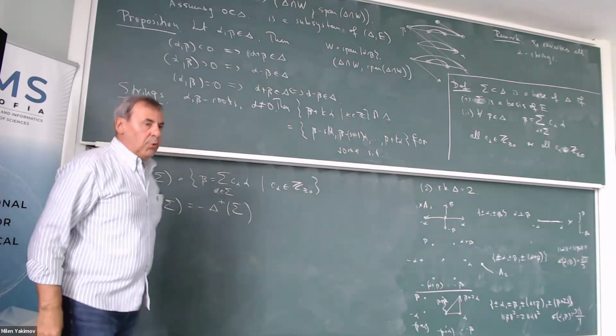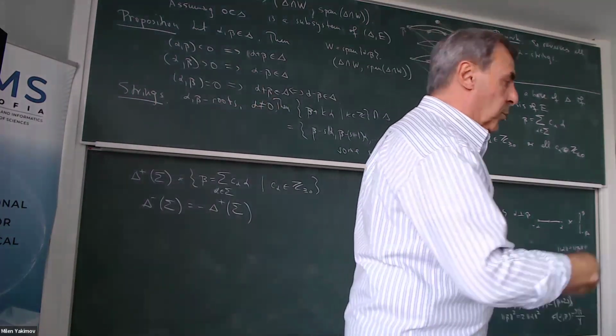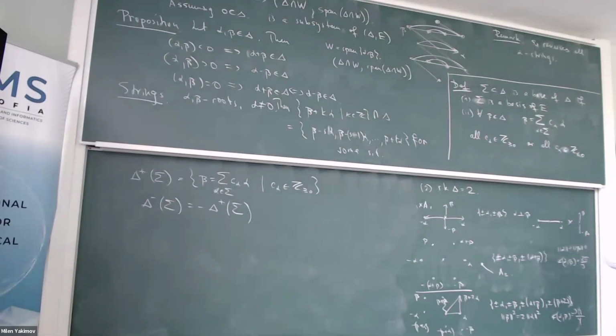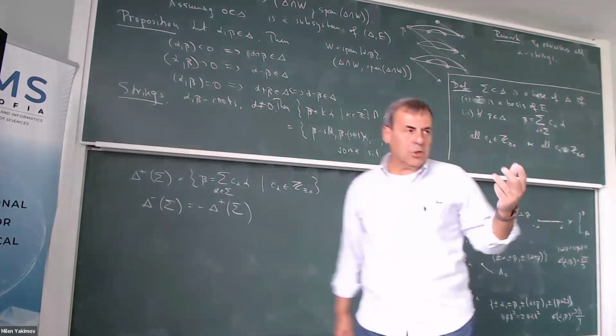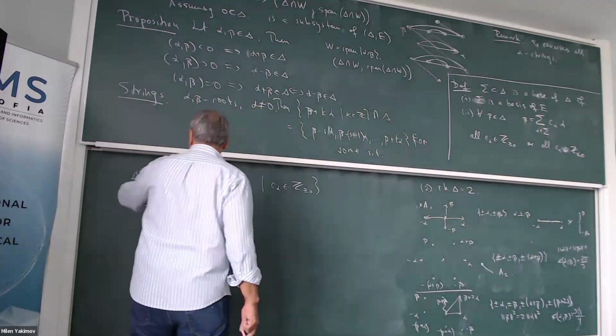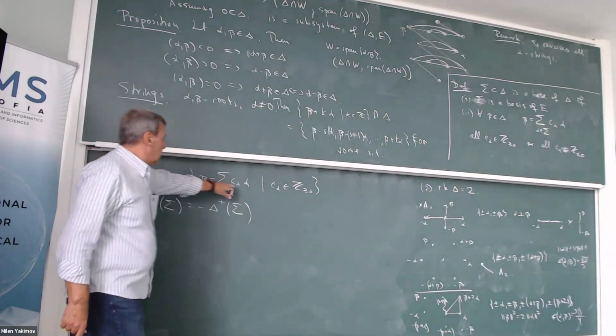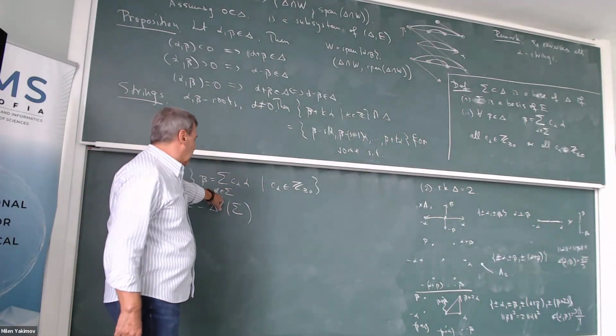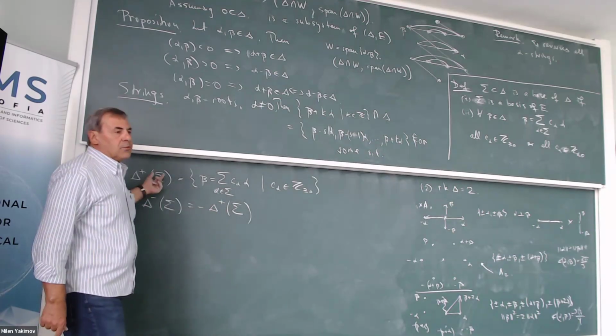I could have written the same formula, but since from the definition we could see that delta is symmetrical about the origin, the ones that are written with negative coefficients are exactly the opposites of the others.